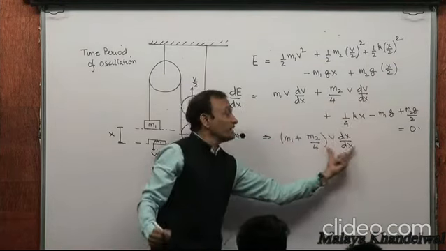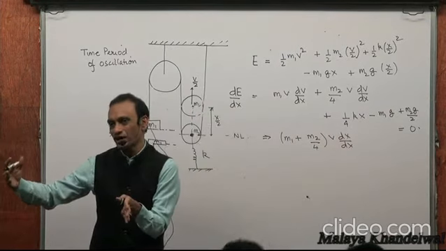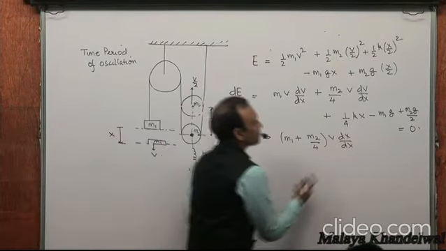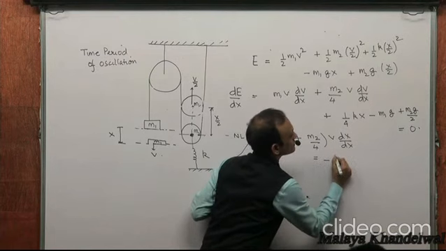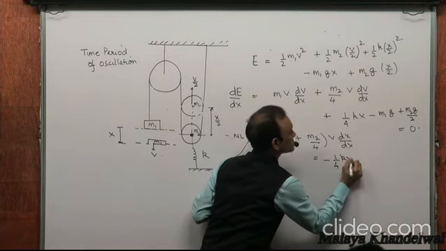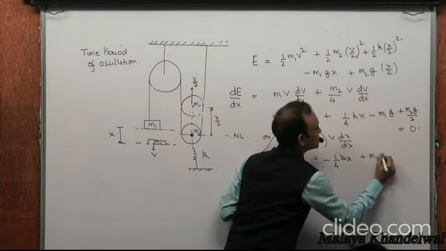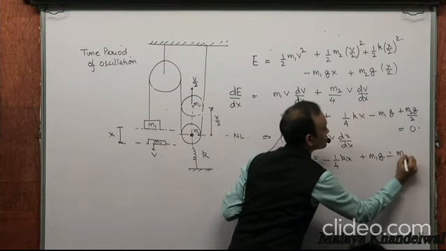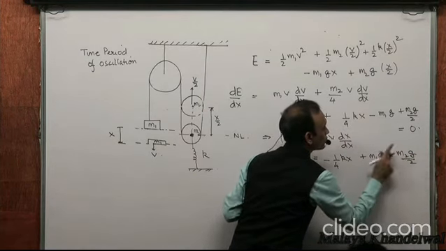Clubbing these two together, v dv/dx would be my acceleration for m1, right? That's equal to minus 1 by 4 kx plus m1g minus m2g by 2, right?